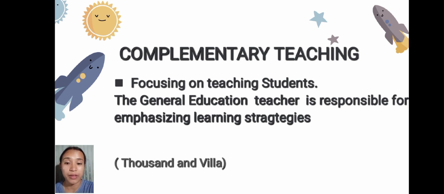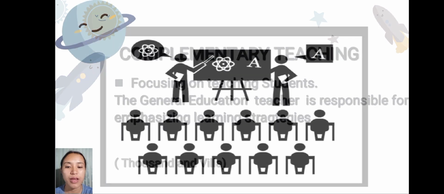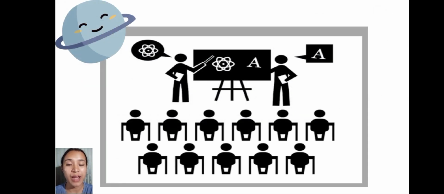It is a strategy, for example, giving instructions. The first teacher is giving the instruction while the other teacher is giving emphasis to those instructions, like how to do it and what should be done. This strategy occurs in order for the students to explicitly learn and master the curriculum. This picture shows what complementary teaching is.